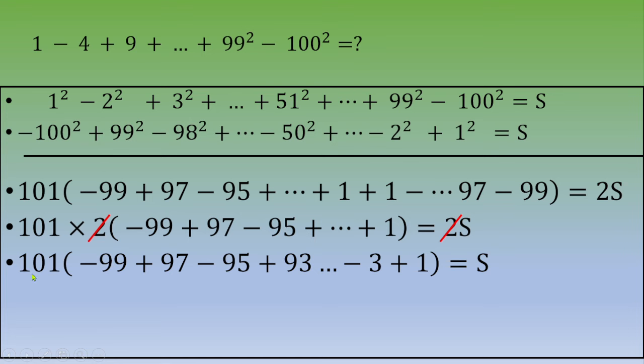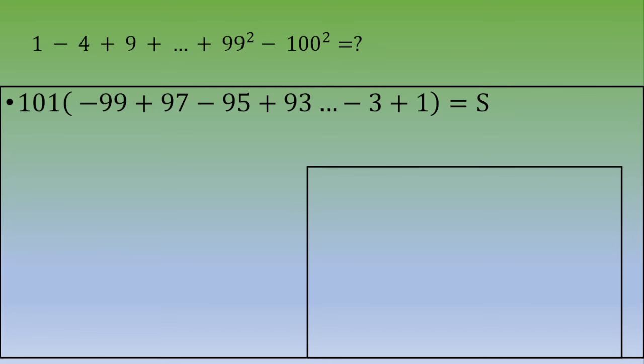This is 101 times negative 99 plus 97 minus 95 plus 93, all the way down to 1. You can notice that you've got only odd numbers. So if you want to calculate this without a calculator, you are going to take the numbers 2 by 2.